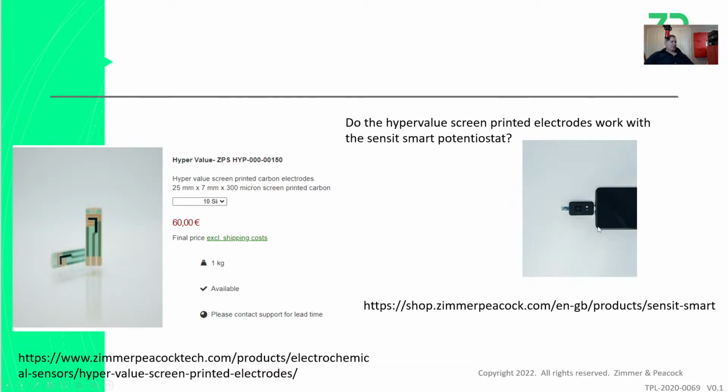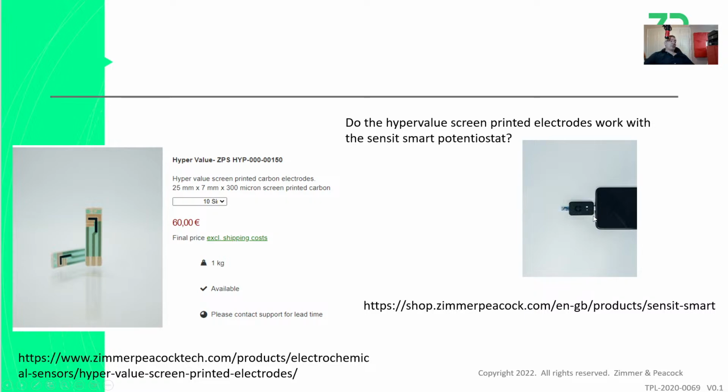There was a question that came through as well. I realize this is a bit of a mini question. Will our Hypervalue electrodes work with the Sensit Smart Potentiostat? They will. And I actually had some really good feedback from PalmSense. They really like our Hypervalue electrodes because the Sensit Smart is quite a low power device, and when you plug it into a USB-C, it gets very little voltage from that USB-C.